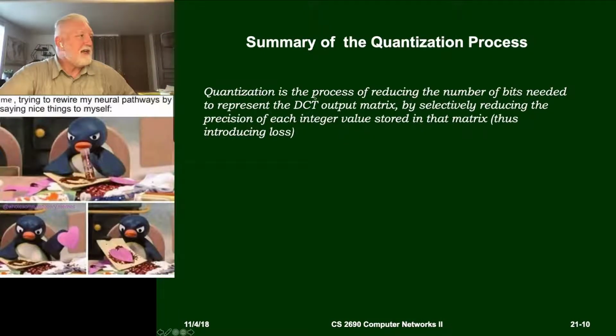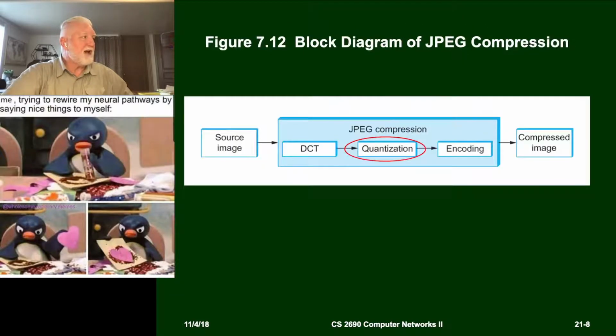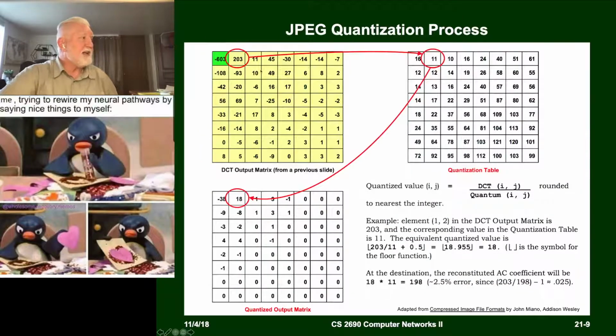The quantization reduces the number of bits needed to represent the output matrix, by selectively reducing the precision of the values stored in that matrix, thus introducing loss. If we just took the whole thing, we'd have a better image. But instead, we take this quantization table, which turns a bunch of these into zeros, and when we do that, we're losing information.